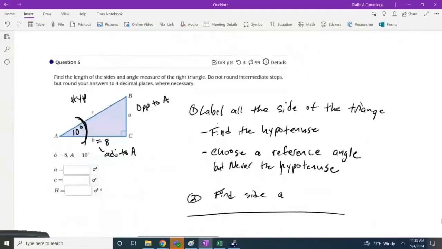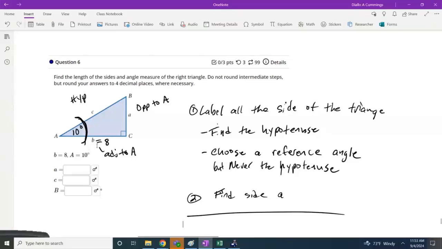So if I want to find side A, that is the opposite, so I have to use the opposite. I'm going to use the adjacent because I know the value of B. And then I'm going to use this angle measure of 10 degrees.